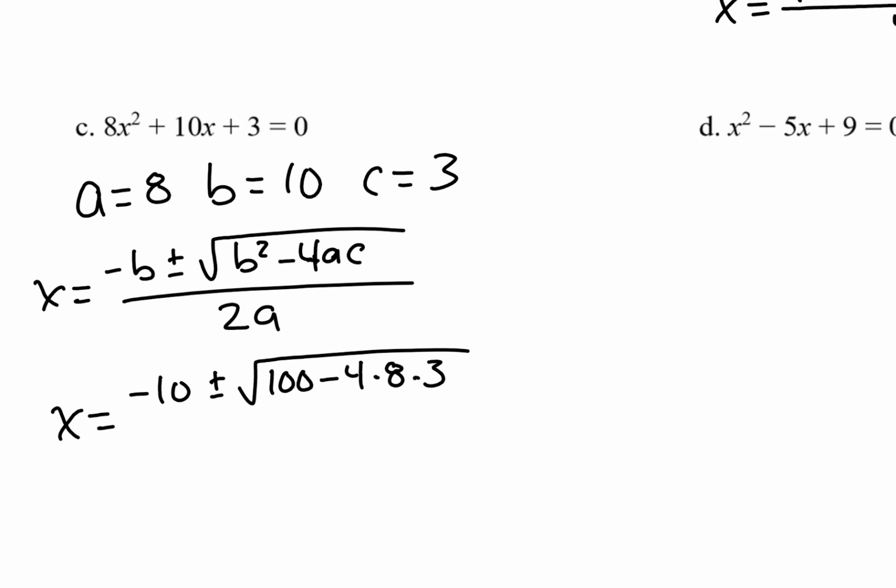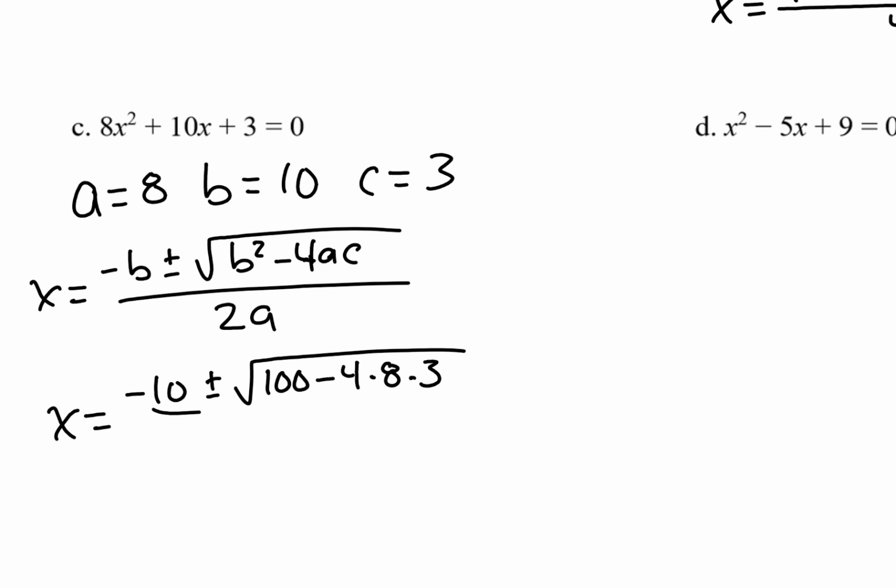Ooh. That's 8 times 12. And 8, oh, that's not right. And 8 times 12 is 96. Okay. So, all divided by 2 times 8. So x is equal to negative 10 plus or minus the square root of 100 minus 96.